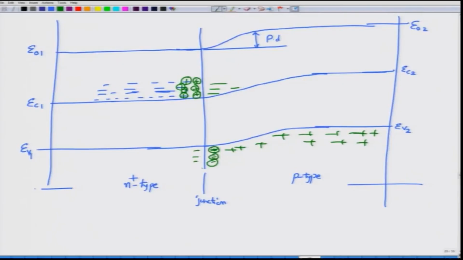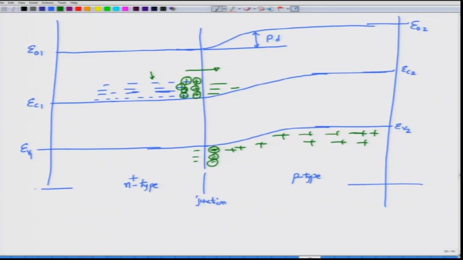Because these are moving and creating other types of ions, the electric field is created in this direction, from the N to the P region, which further stops the electrons located here from moving out, because electrons cannot move in the same direction as the electric field; they always move in the opposite direction.